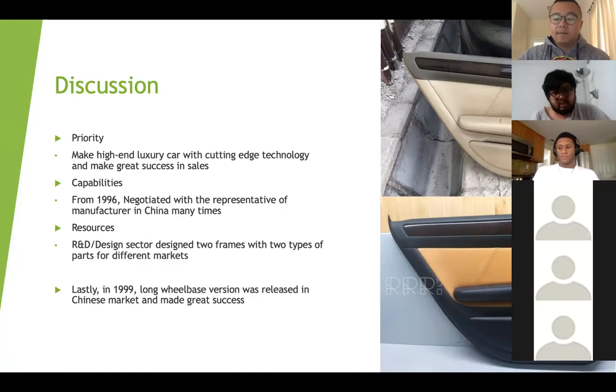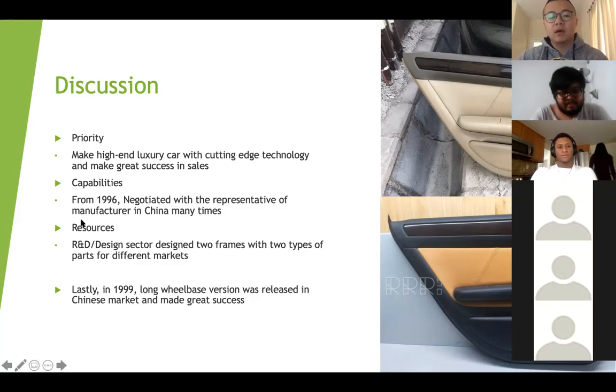So the marketers and representatives in the Chinese market told the German engineers to sit at the rear seat of the car for the next few months and let your wife drive, then tell me why. After just a few days, they felt the space of the vehicle was not enough for them on the rear seat. So that's why they understood why the Chinese market wanted a new version of the Audi A6.